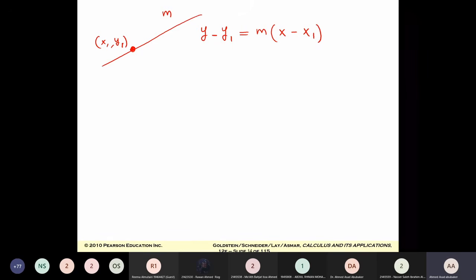This is the equation of the line. So for any line, to find its equation we must know a point and the slope of this line. Okay, the first example.